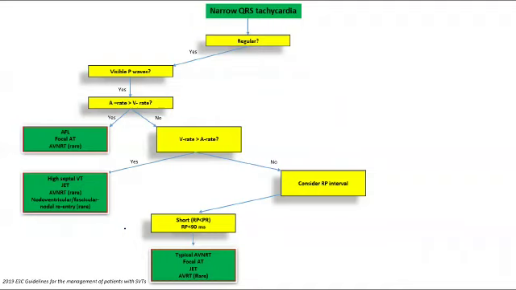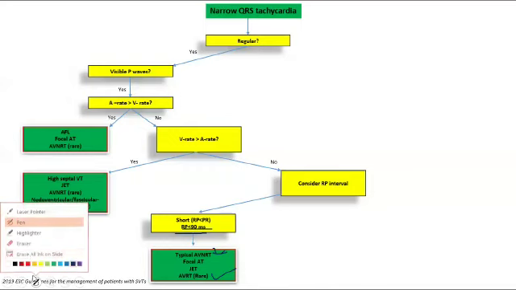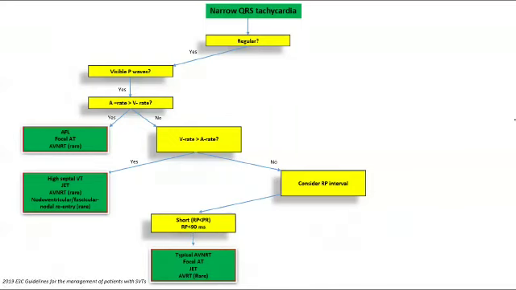That one is strongly documented, but the RP interval of less than 90 milliseconds is also what's being used. If this is the case, then most likely you are dealing with a typical AVNRT, but you might also have a focal atrial tachycardia or a junctional ectopic tachycardia with 1:1 retrograde conduction, or rarely AVRT. I'm saying rarely because it's very rare for it to have such a short RP interval or RP time.